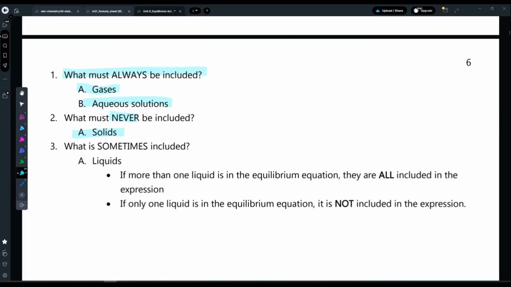And what's sometimes included would be liquids. The rule is if you have more than one liquid in the equilibrium equation, then you include all of the liquids in the equilibrium law expression.